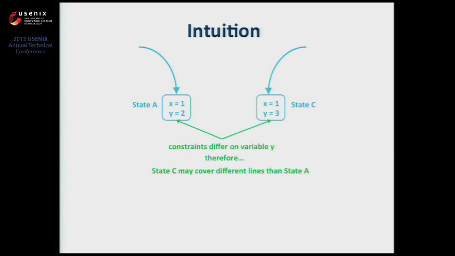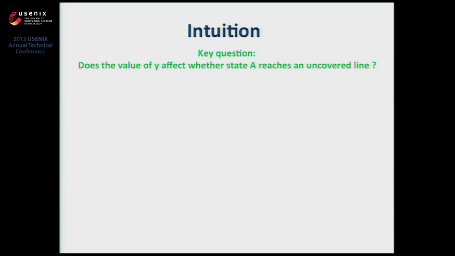That state C may cover different lines than state A, unless variable y does not affect whether state A reaches an uncovered line. And this is the key point. If we're able to show that y has no effect on whether A was able to cover a new line or not, then we can ignore it when we compare state A and state C. So again, the key question is, does the value of y affect whether state A reaches an uncovered line?